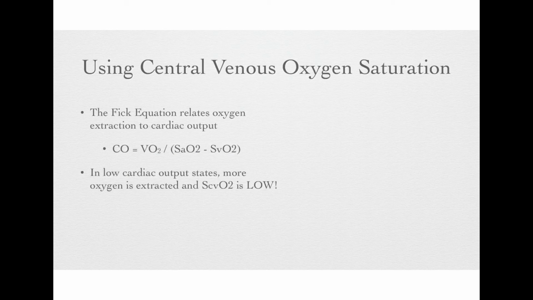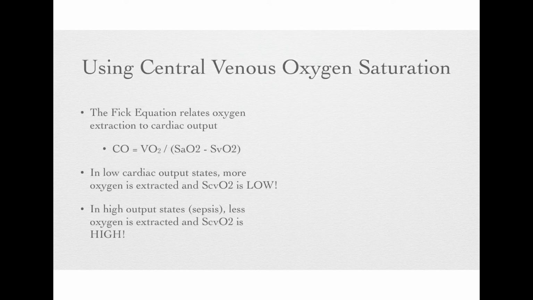Essentially, this equation is telling us that in low cardiac output states, more oxygen is extracted from the arterial blood, and so the central venous oxygen will be low. This is because the blood is flowing more slowly and has more time for the tissues to extract oxygen from it.